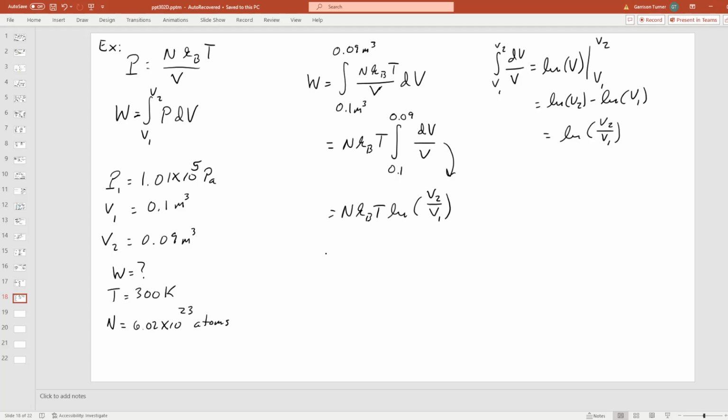Okay, so then this becomes 6.02 times 10 to the 23rd atoms times 1.38 times 10 to the negative 23, this is joules per Kelvin, and 300 Kelvin times the natural log of 0.09 divided by 0.1.